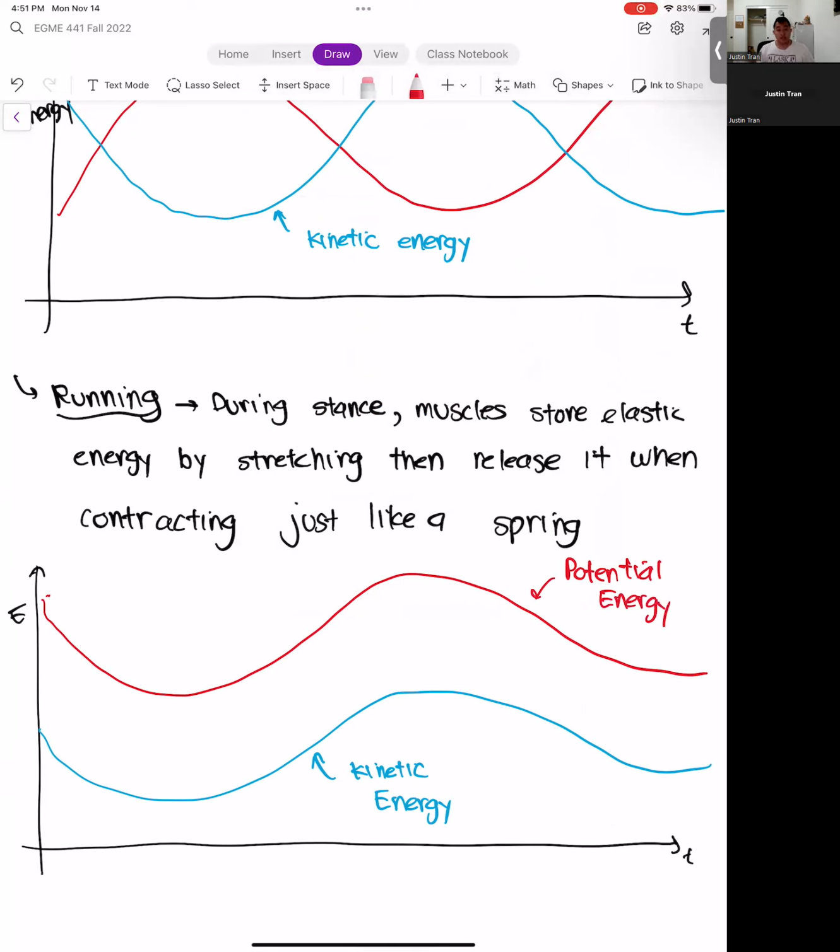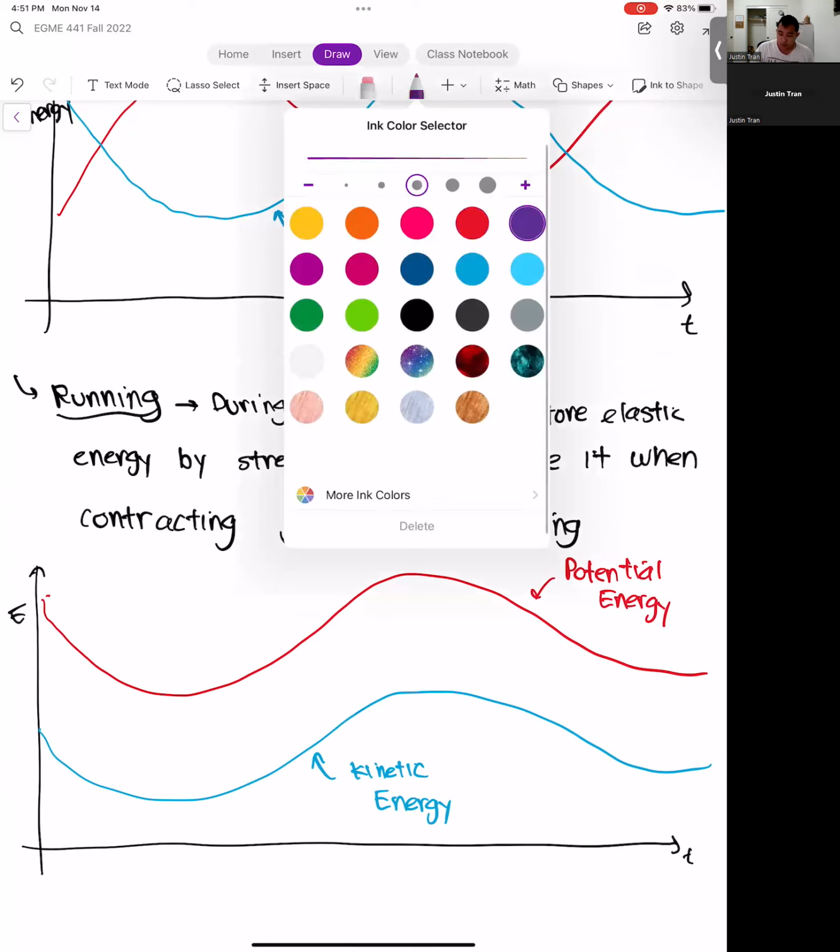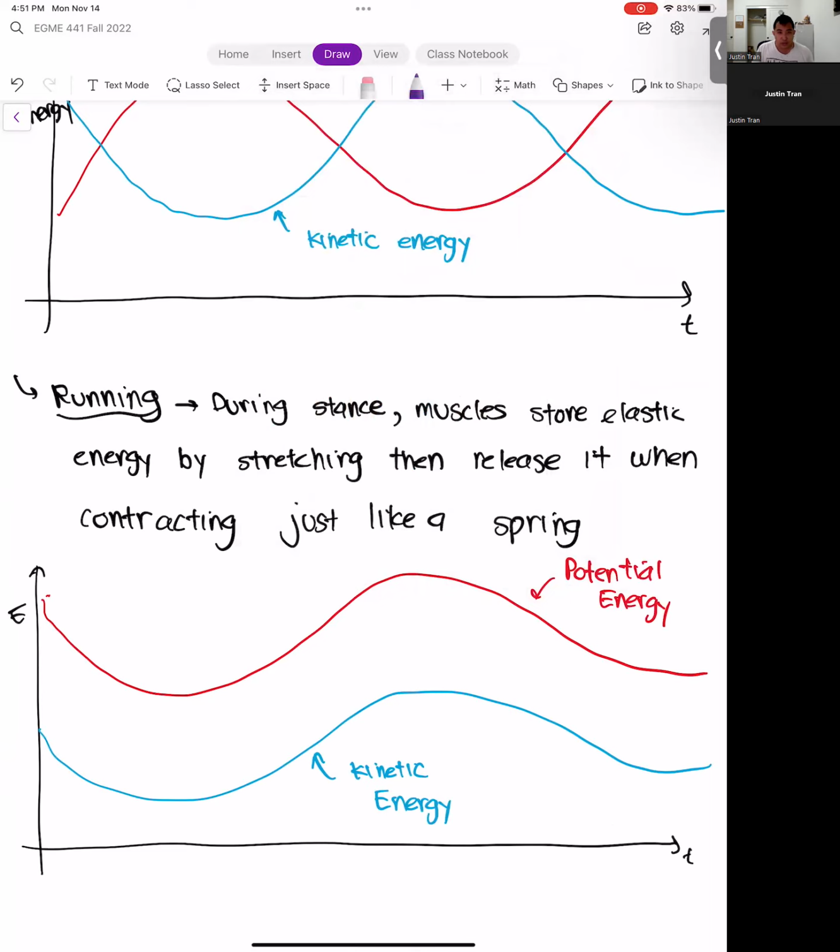So they're pretty much in phase. What you don't see here is that we have another form of potential energy, which is energy storage within the muscles.